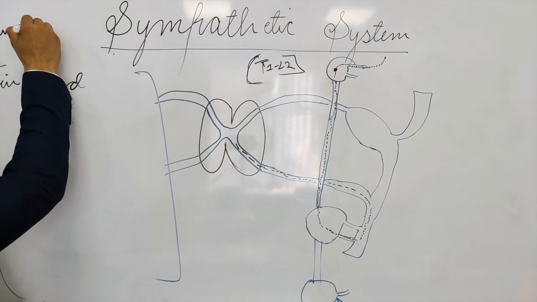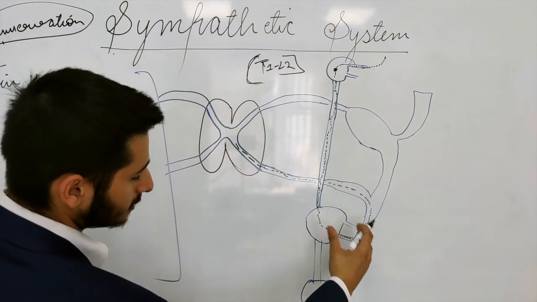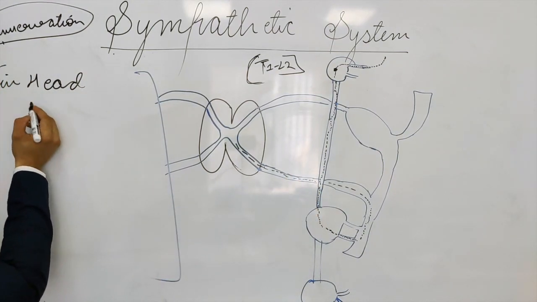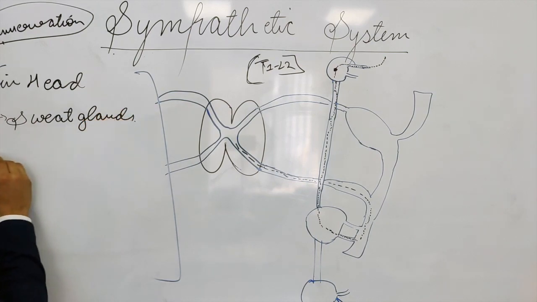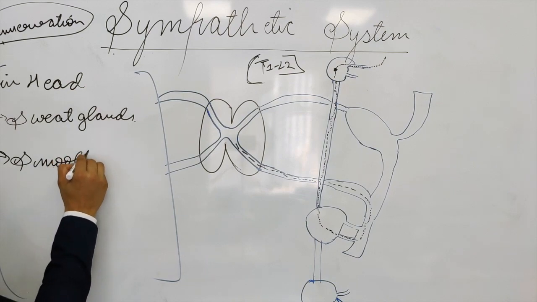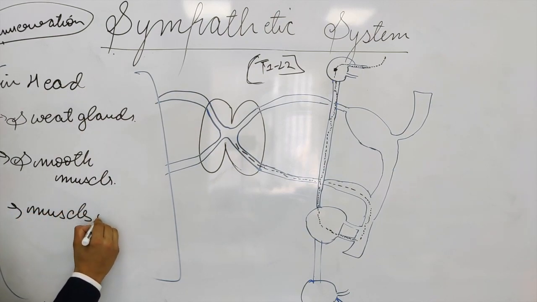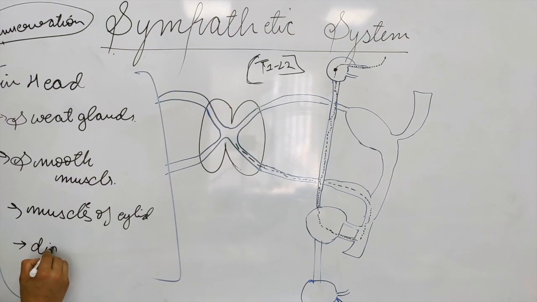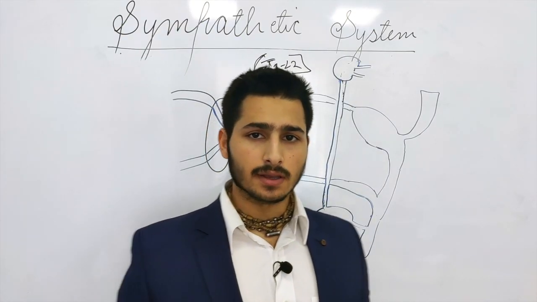Through this type of innervation, when the preganglionic fibers ascend or descend to different ganglions or to different vertebral levels, they innervate tissues in the head, also sweat glands, smooth muscles, and also muscles of the eyelid, and it also helps in dilation of the pupil in the eye.